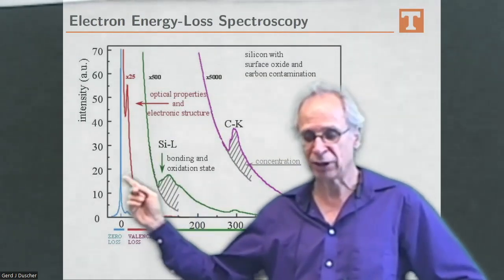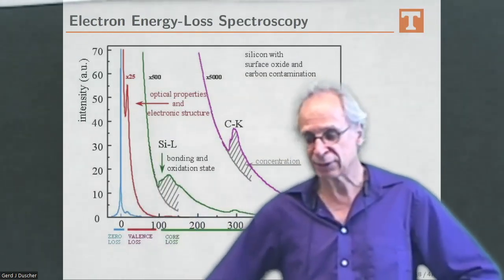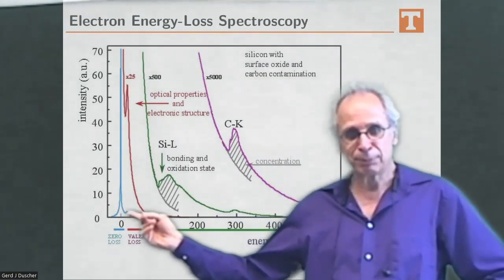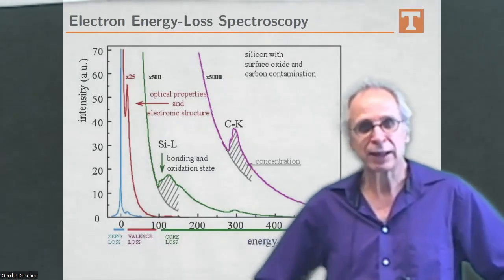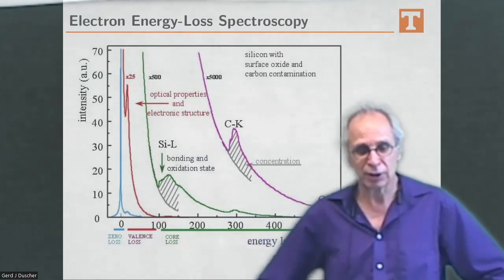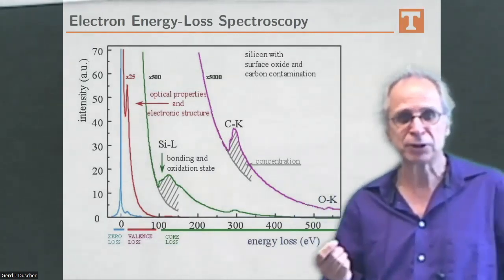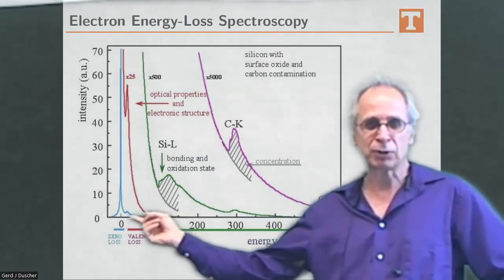Okay, so those are the quasi-elastic electrons. This little bump here, that is the strongest inelastic scattering in a bulk material. So that is a bulk plasmon.